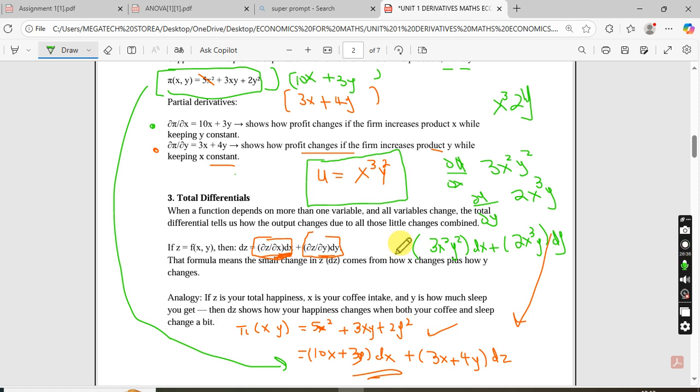Okay, this is our utility function. Whenever you see a u like this, it is just a utility function. Utility is just satisfaction.